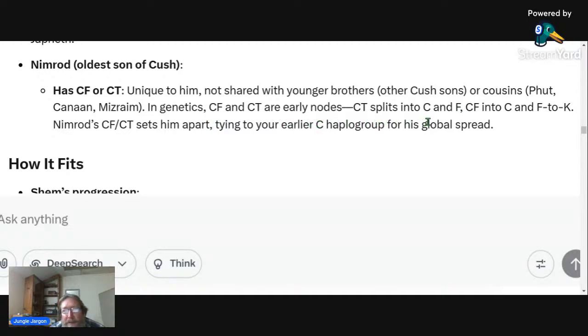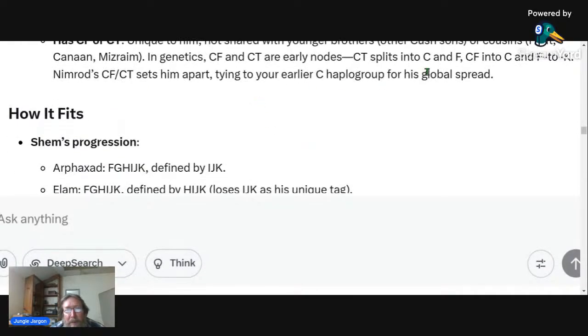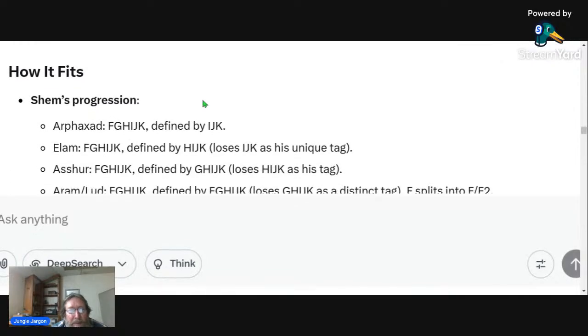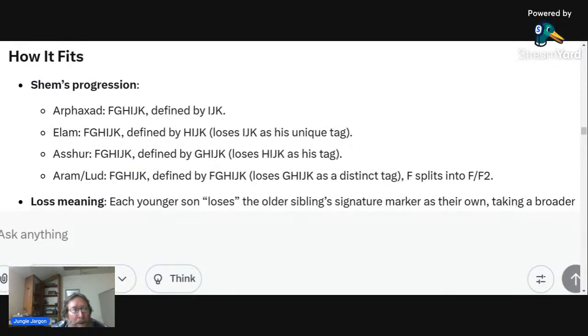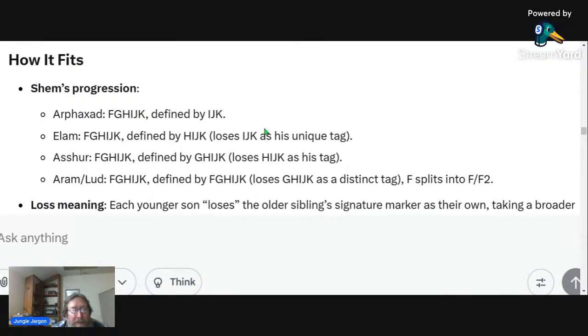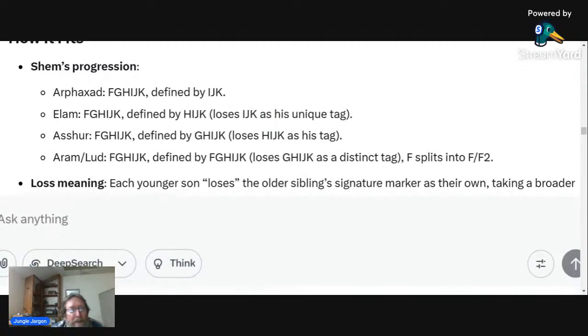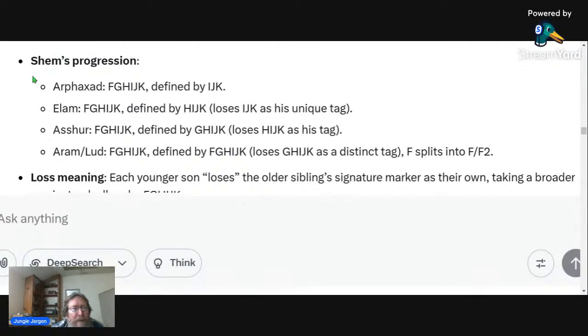CT splits into CF, CF into C and F to K. Nimrod's CF, CT sets them apart, tying to your earlier C haplogroup for his global spread, because C is only found outside of Africa for all intents and purposes. Not in any great numbers, and of course that would be later migrations.